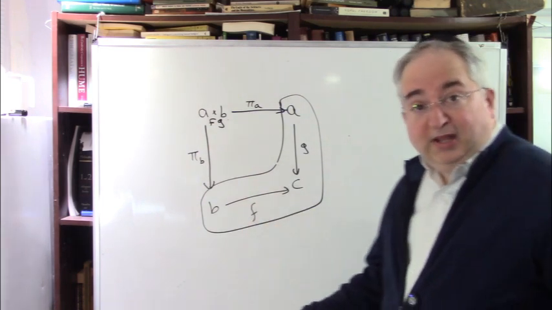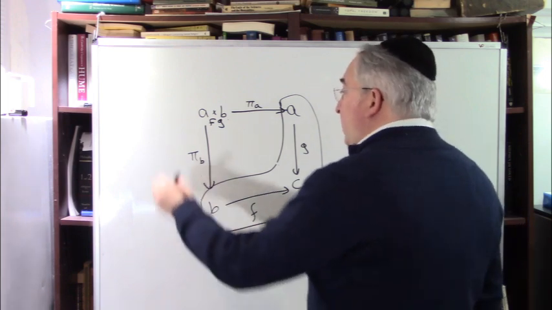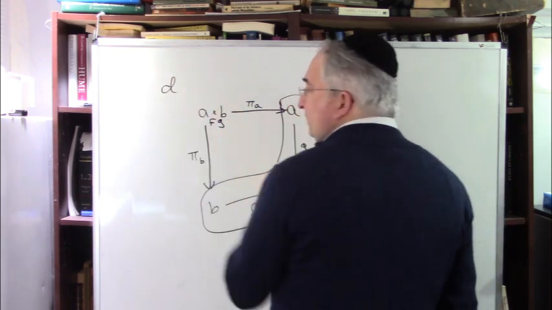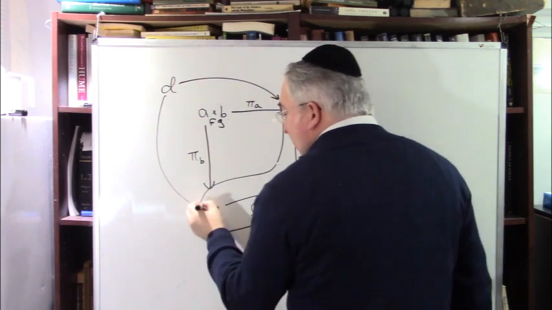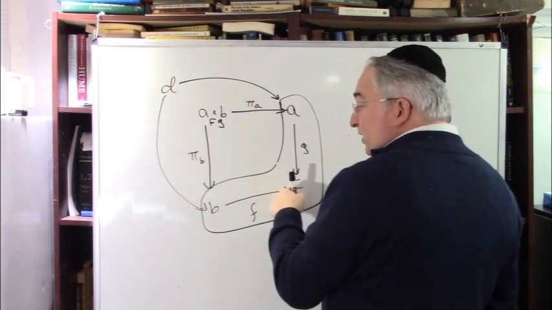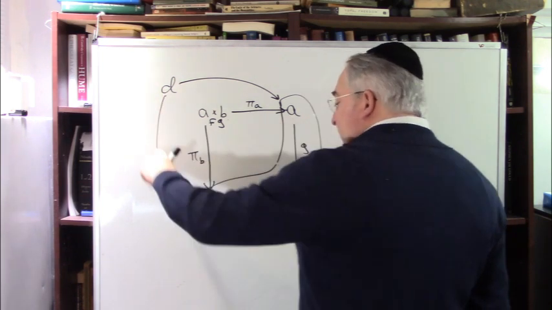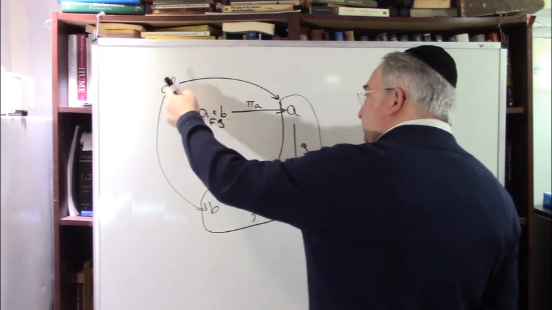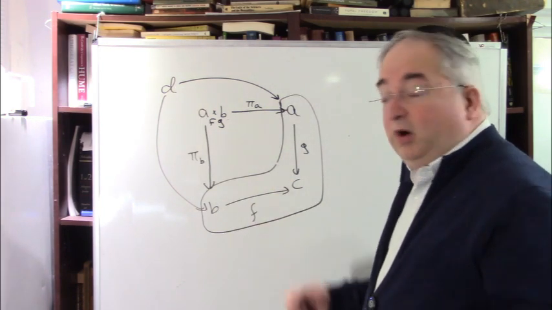But they're universal. What do I mean by universal? If you have another object D, and you have a map like this, and a map like this, such that this followed by F is equal to this followed by G, that also satisfies the requirement.